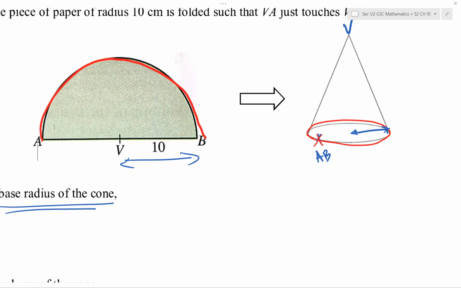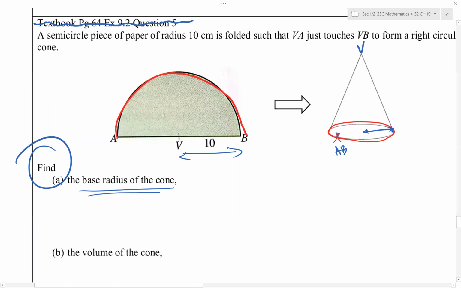Okay, so that was that, and now we're back to the notes. To find the base radius of this cone, we have to recognize that the red distances are the same. Let the radius be r. So we're talking about this portion r.